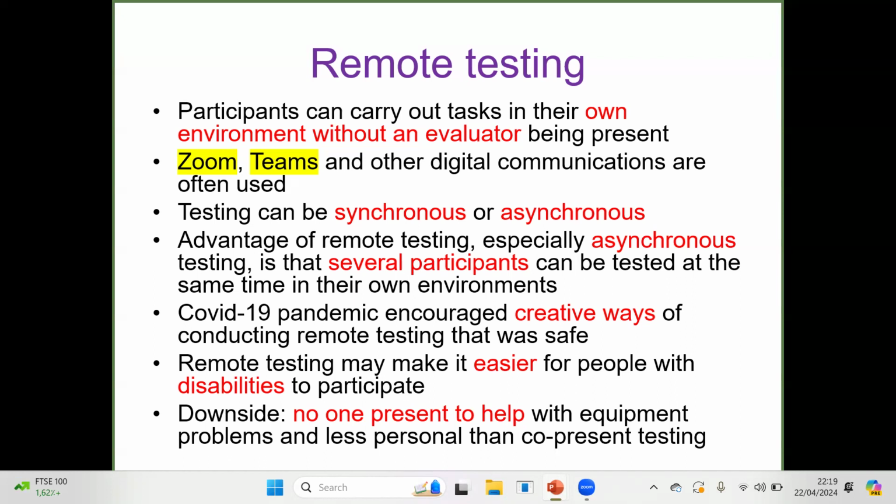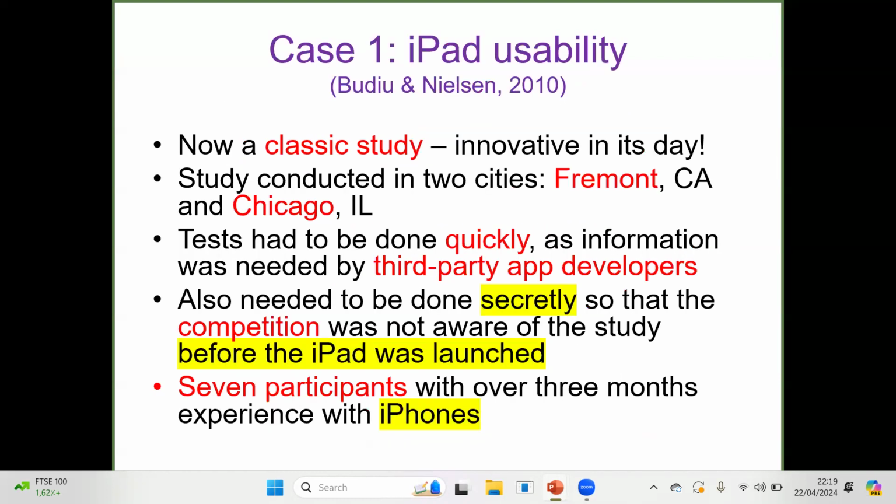Testing is also less personal than co-present testing. So if it is remote, the new user may face problems managing or testing new equipment, and the evaluator is not present to help him out. This is the downside of remote testing.